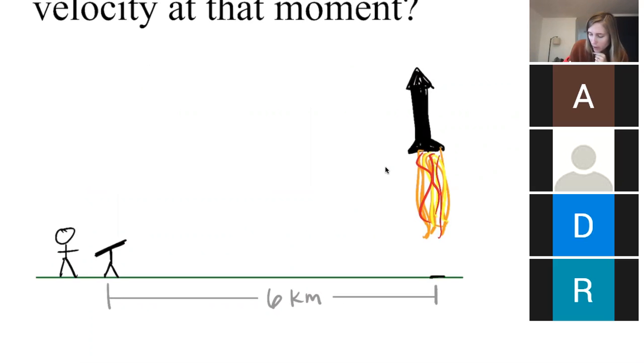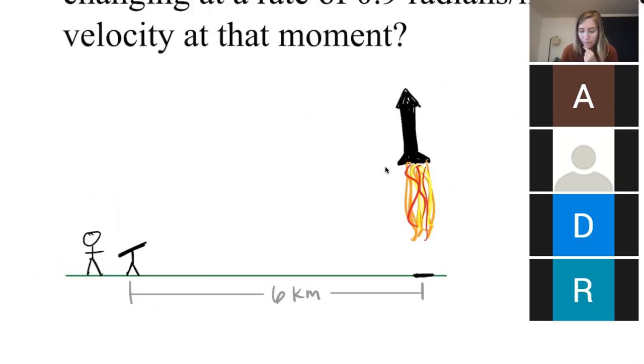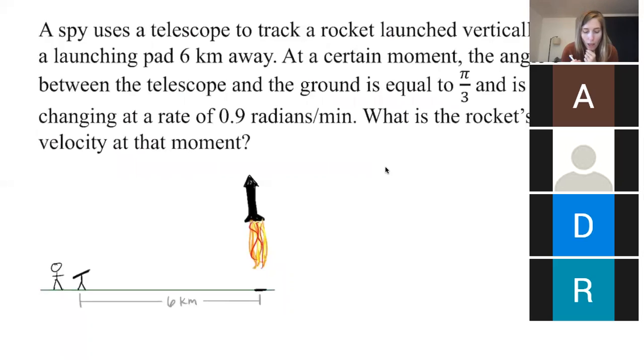We'll say that this was the launching pad, and the rocket is launched and going up, up, up. At a certain moment, the angle theta between the telescope and the ground is equal to pi over 3, and that's in radians, and is changing at a rate of 0.9 radians per minute.